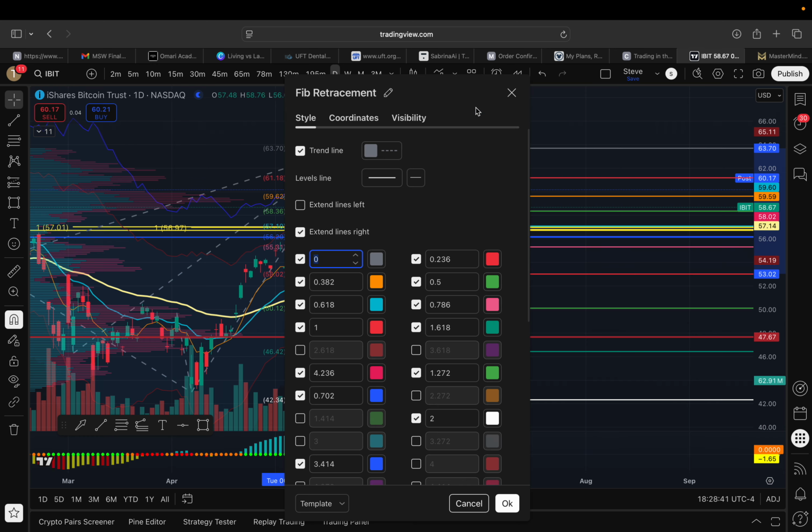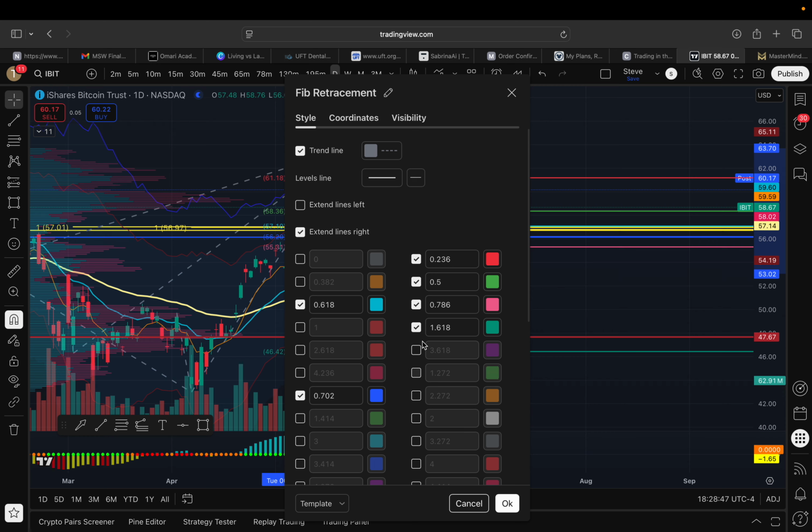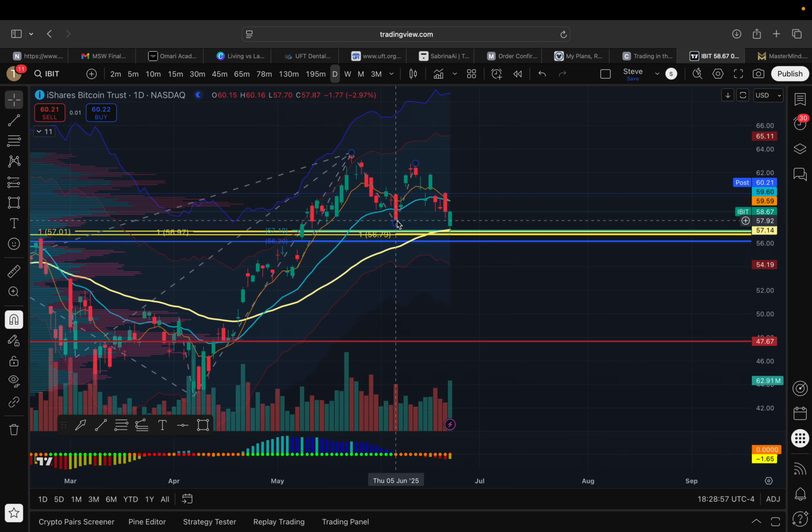I'm going to remove some of these lines just to clean up the chart, and then we'll move on. That's another level. I'm going to use this level here to see if we can find an extension.